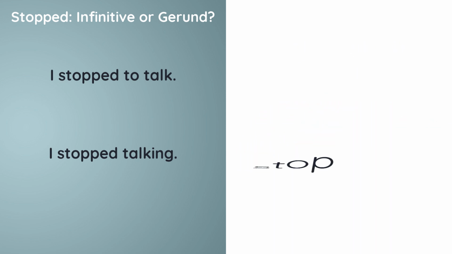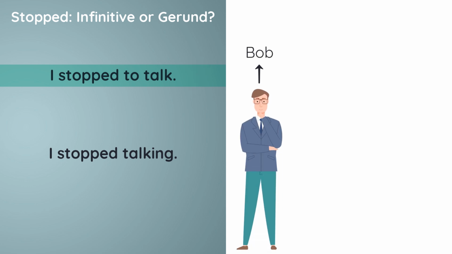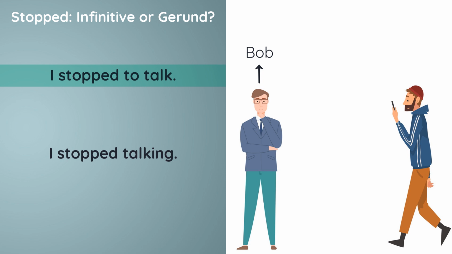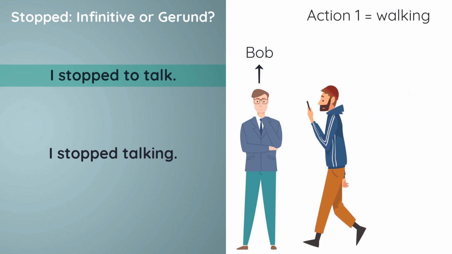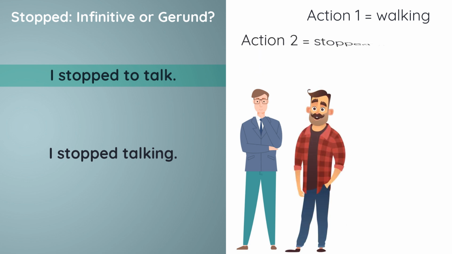So let's get started. I have a sentence here. I stopped to talk. So what does this mean? Well, I have my friend Bob here. I'm walking down the street. That's my first action. I'm walking. And I stop. So first action, in this case, I was walking. Second action, I stop.